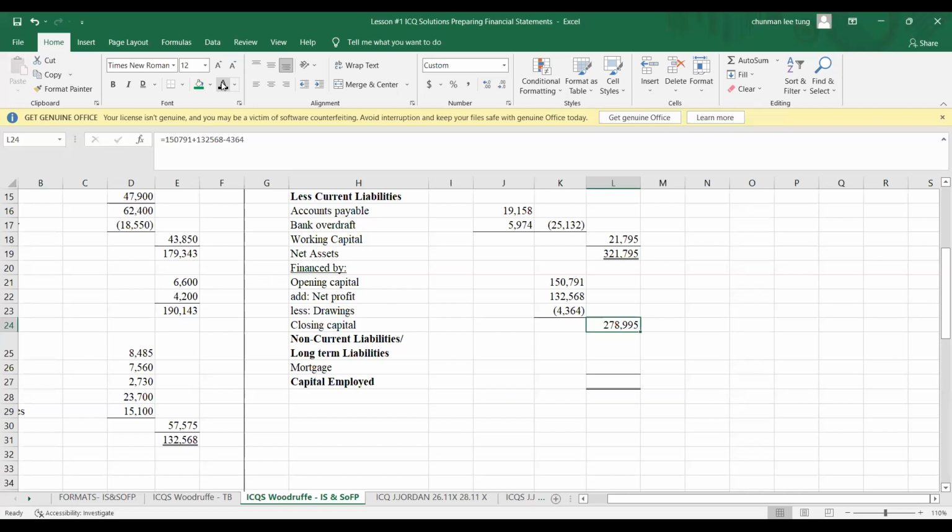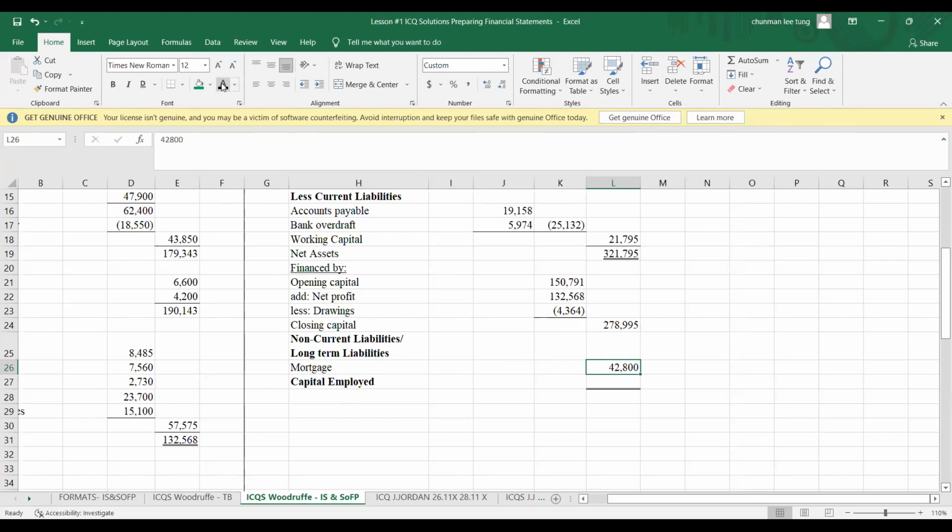Let us get the presentation intact, right? So the finance by section is not completed. We have another part of the finance by section which deals with our long-term liabilities, and our long-term liability was our mortgage. The mortgage figure from the question, in the trial balance, is $42,800.